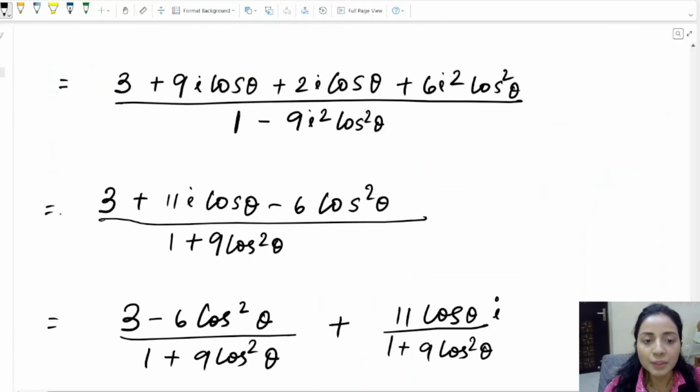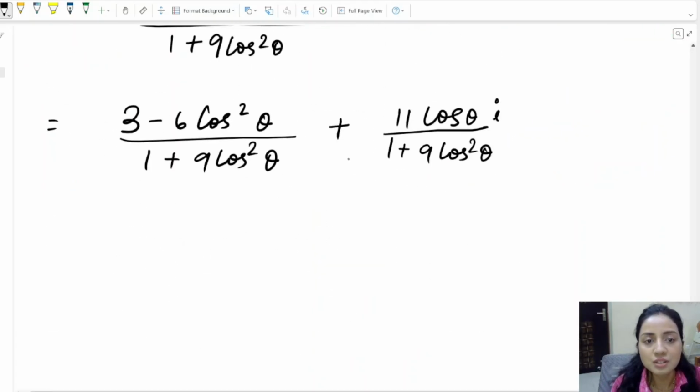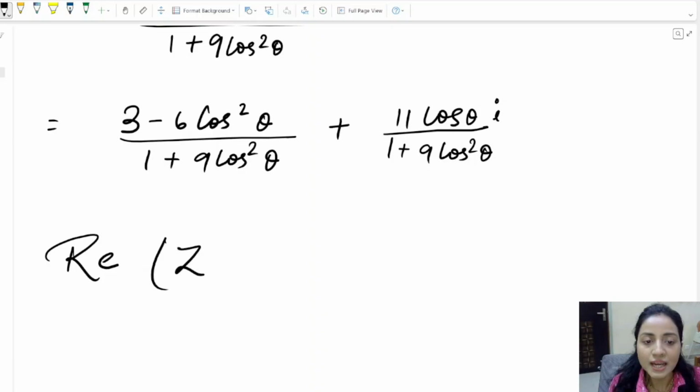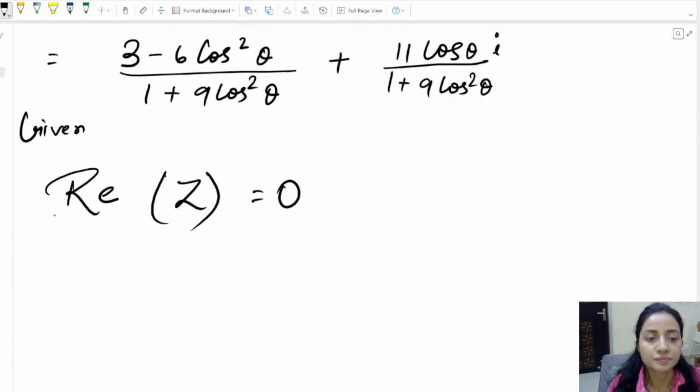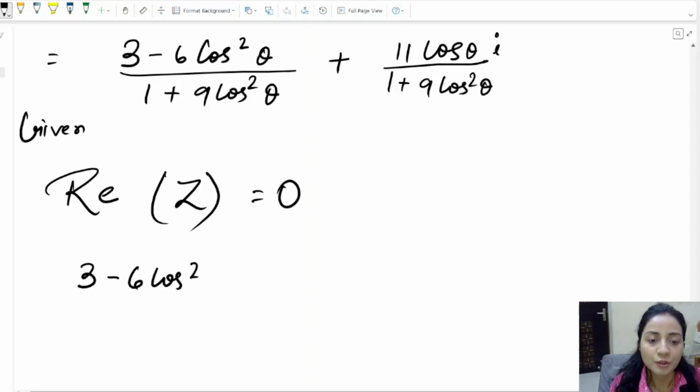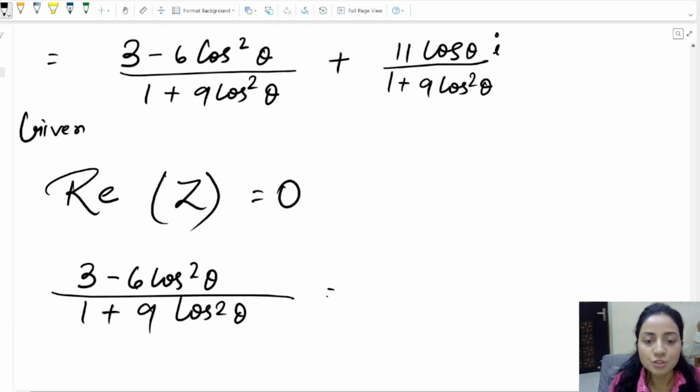So we can compare the real part equal to 0. This 3 minus 6 cos square theta over 1 plus 9 cos square theta is equal to 0, as given in the question, the real part of z is equal to 0.